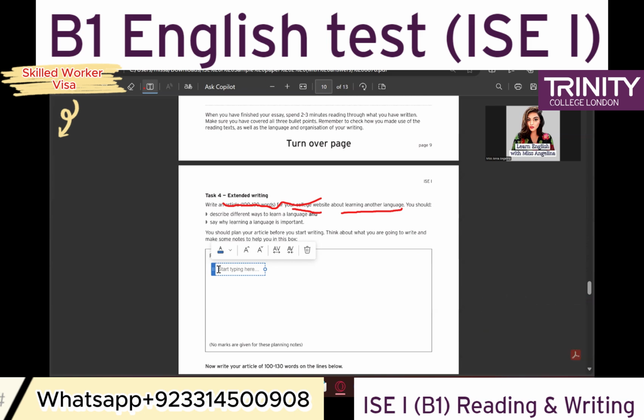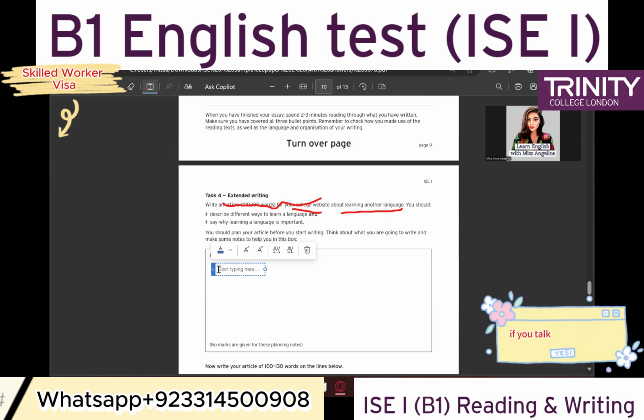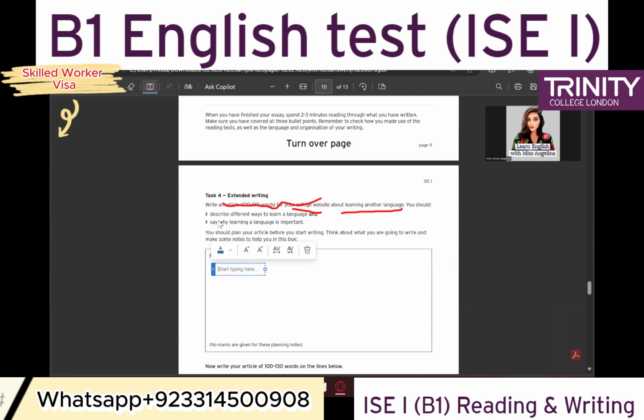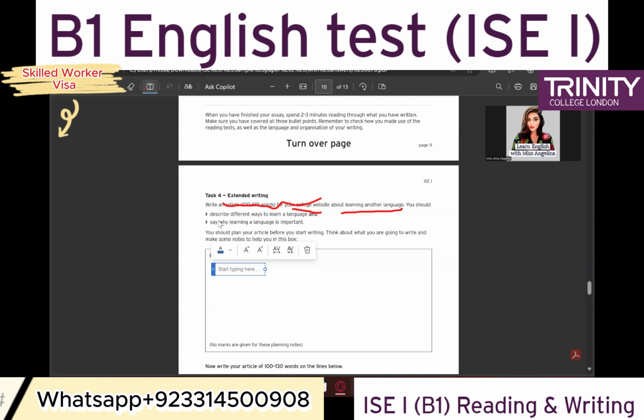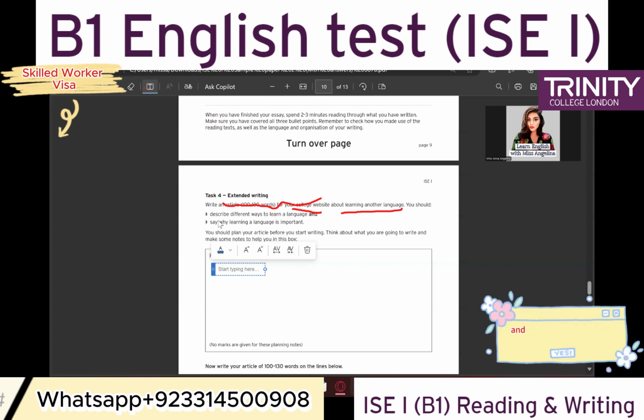And if you talk with people in the language you want to learn, if he is a native speaker, and you can learn the other language by reading books.